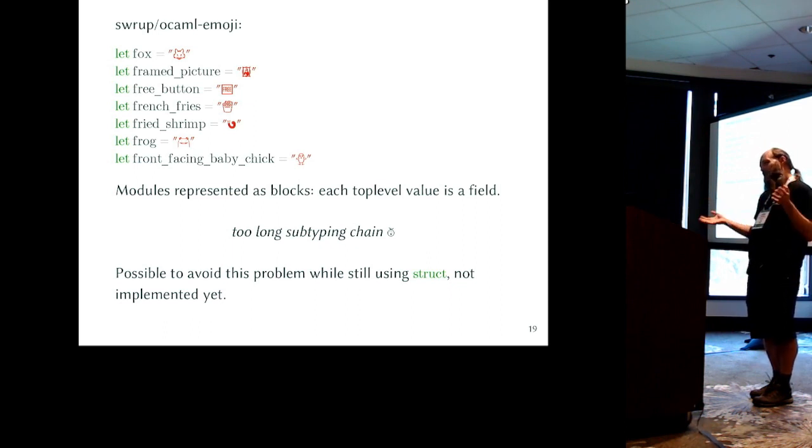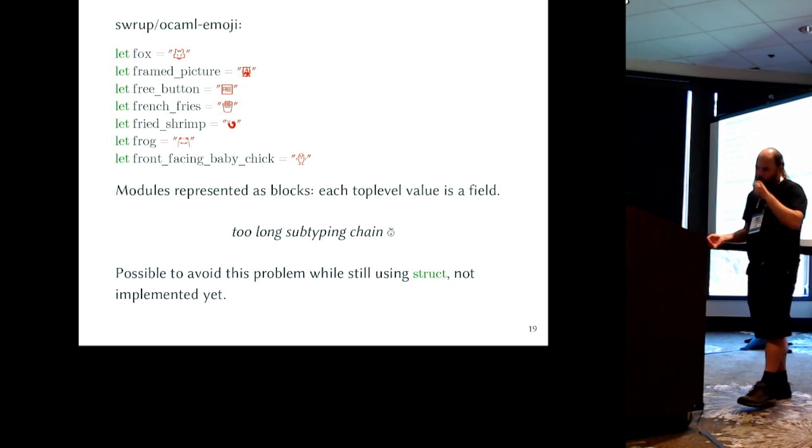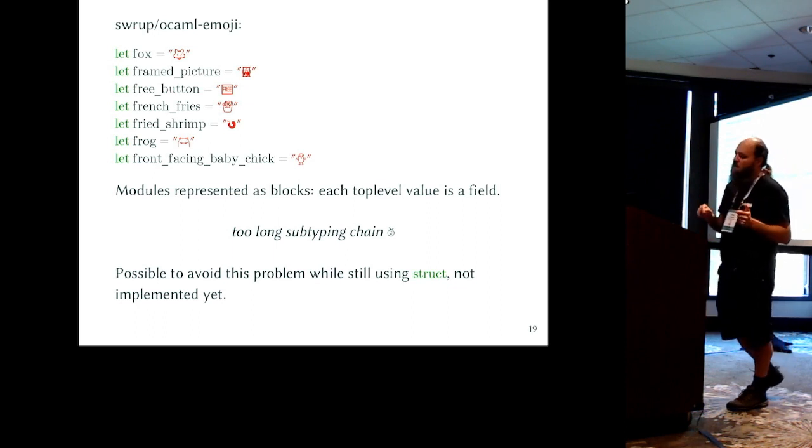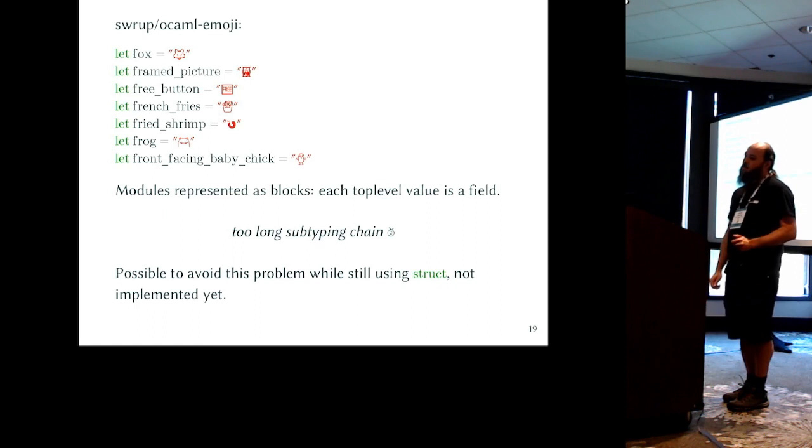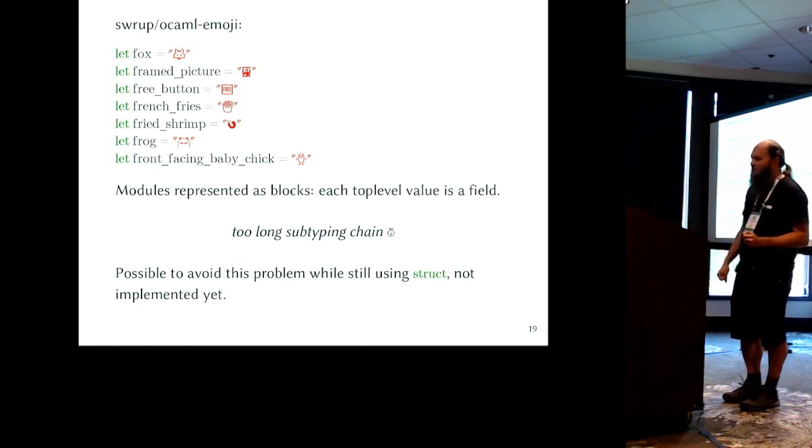And if you have a gigantic subtyping chain, then finding something in that structure is going to take some space, and that's not some space that you want to waste in something like that. Especially that in practice, nobody wants to do something that large.